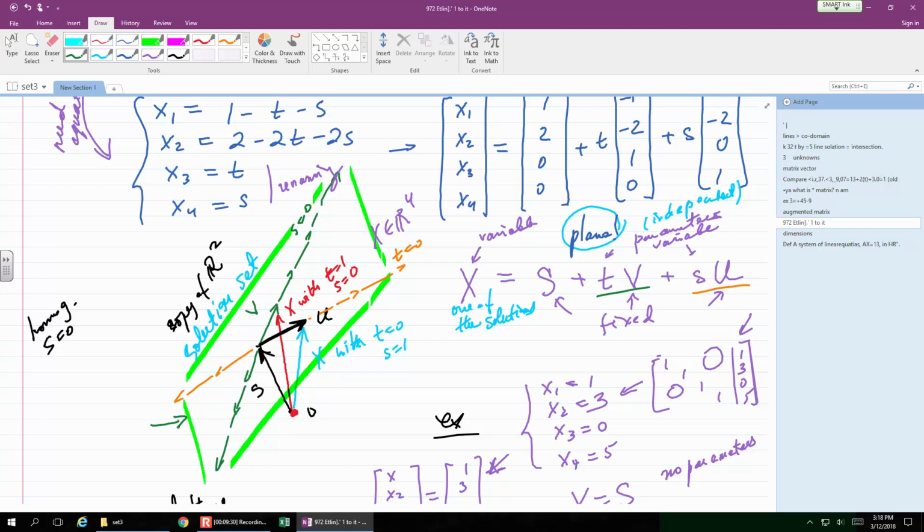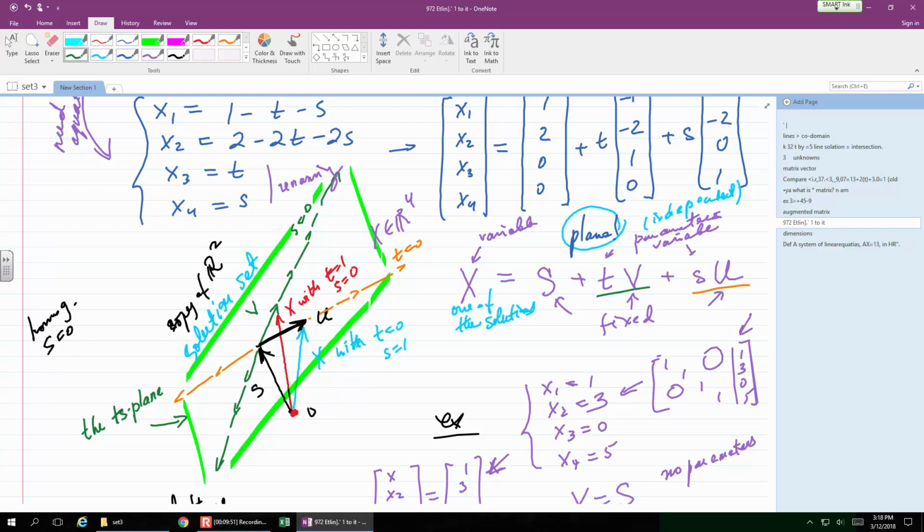It is the TS plane. Why? Because these are the two variables that give you the location on this plane. So on the xy plane, x and y give you the location on that plane, right?